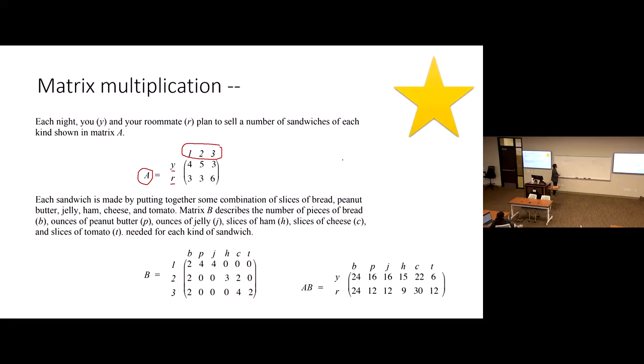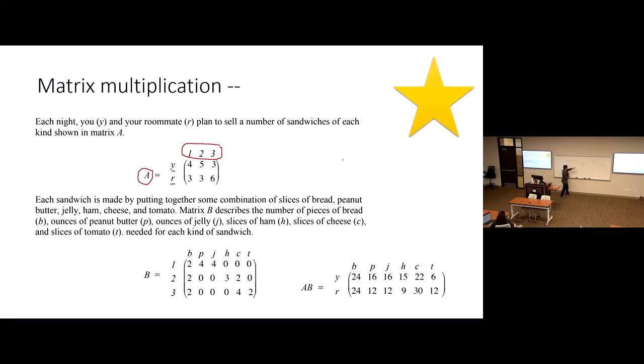The reason is the 3 and the 3, because they share this dimensionality. So the dimension for this is 2 by 3, and here the 3 by 6. These two numbers, I call it the inner dimension, to match.